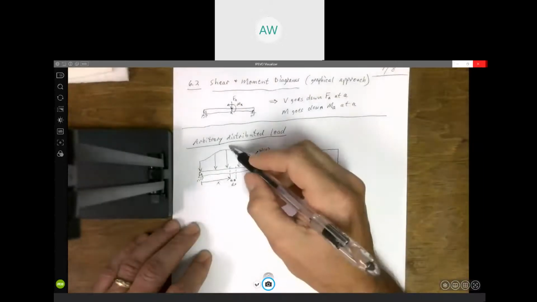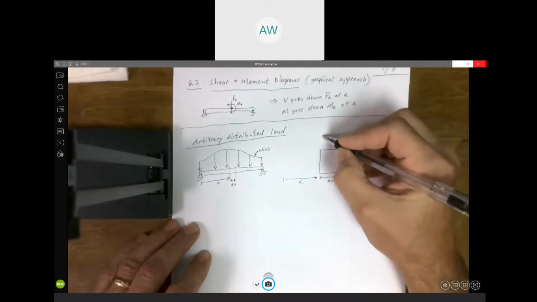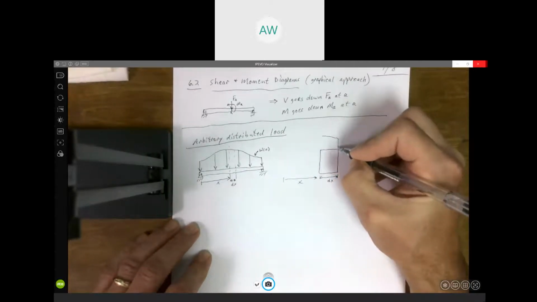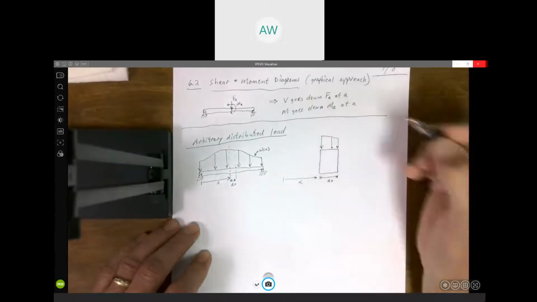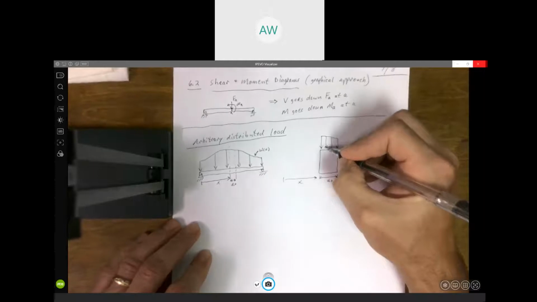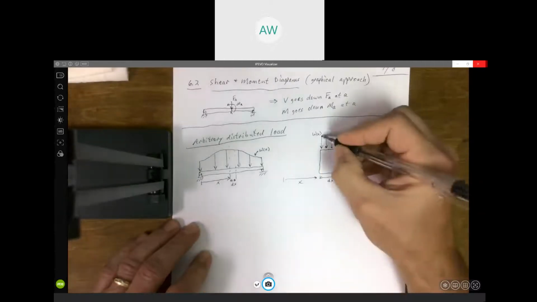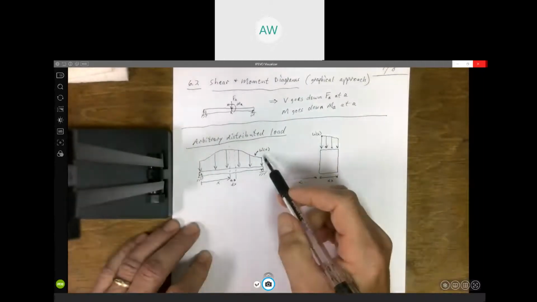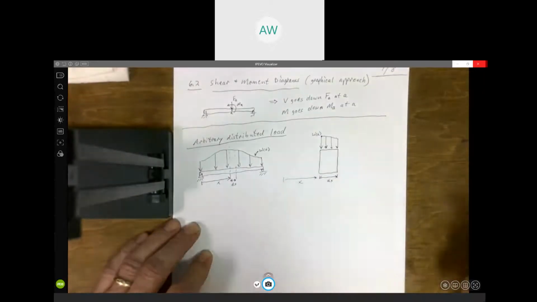And so we've got this distributed load that's acting on this little section of beam. And so the magnitude of our distributed load at this point would be whatever this function w is evaluated at that distance x.